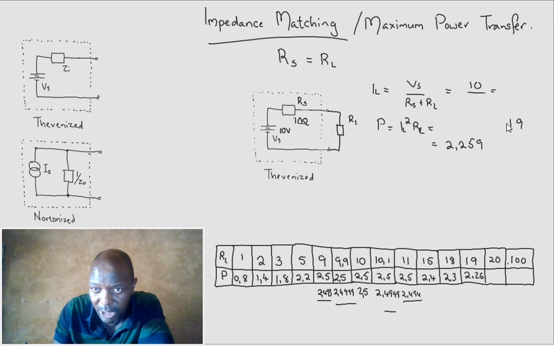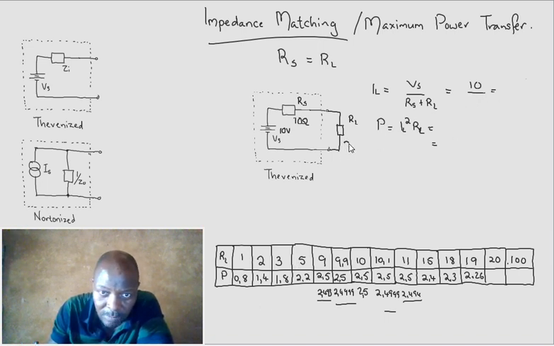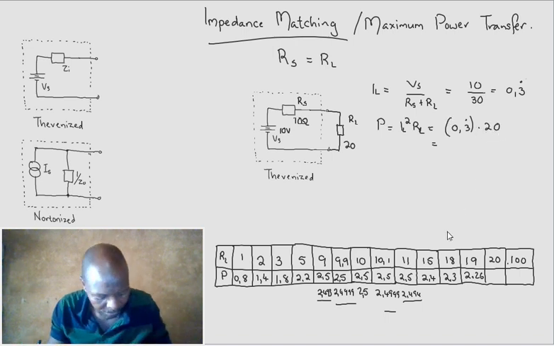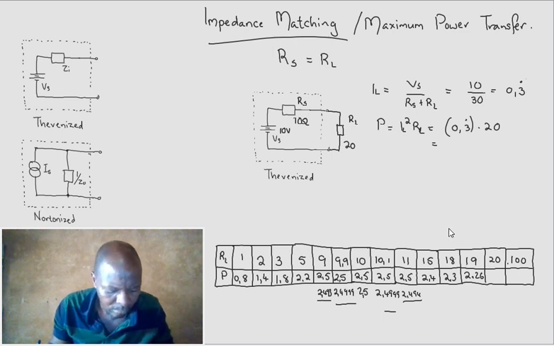All right, now this here is going to be 20. That makes 20 and 10, 30. That makes 1/3, which is 0.3. Now this is 0.3 squared times 20. That will be 2.2.